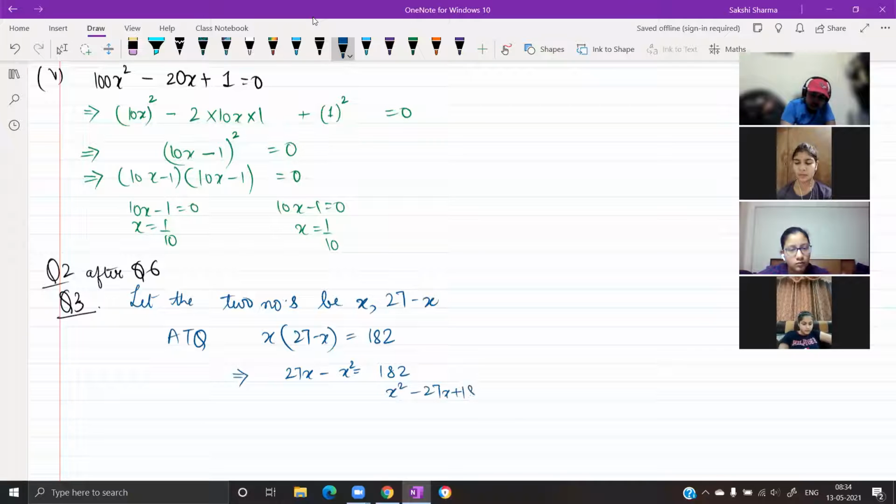X square minus 27x plus 182. The product is 182, right? Let's factorize. We have x square minus 27x plus 182 equals to 0.